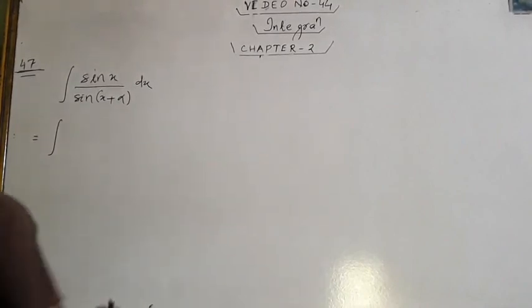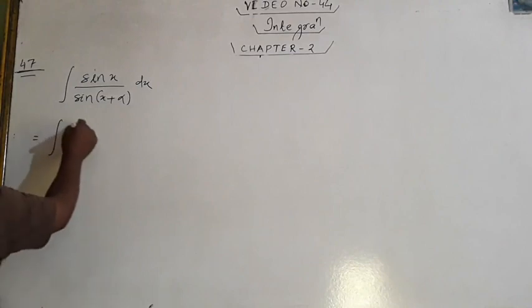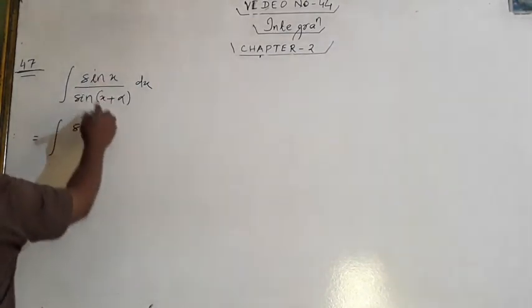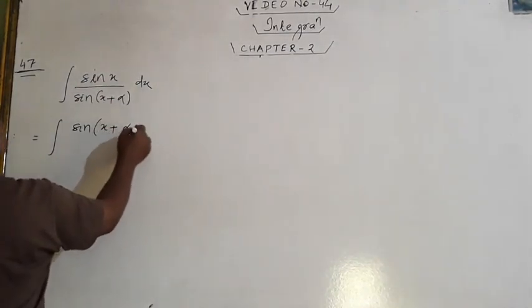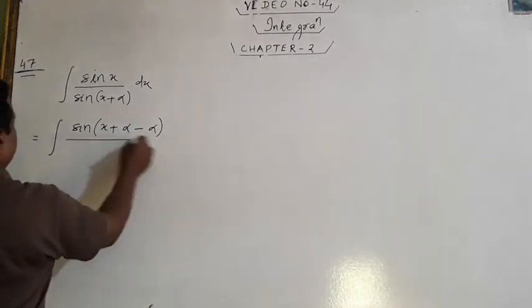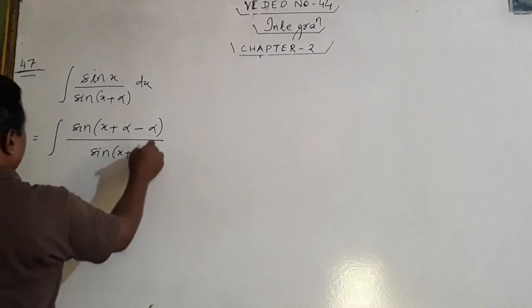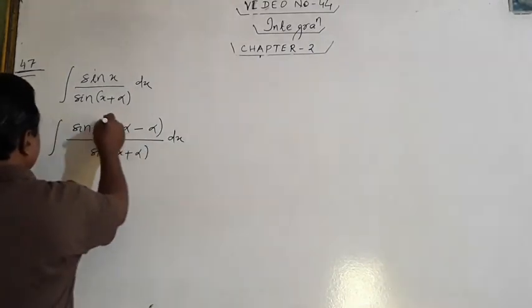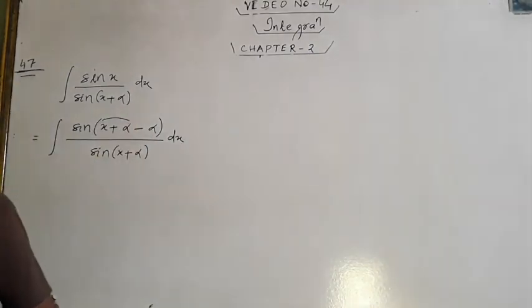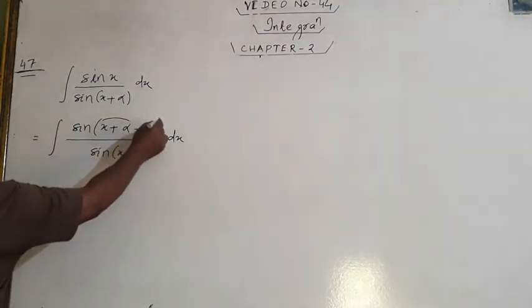Now the numerator is sin x and the denominator is sin x plus alpha. So what you have to change the numerator as x plus alpha minus alpha by sin x plus alpha whole into dx. It is the formula of sin a minus b.